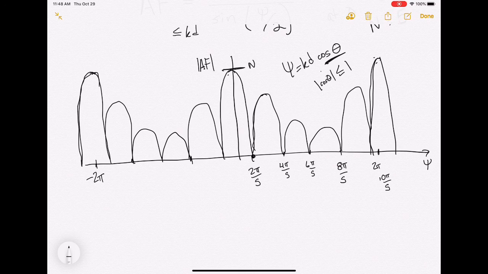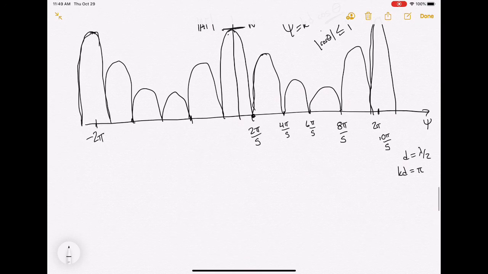For example, remember that K is 2 pi over lambda, so if we choose D equals lambda over 2, then KD is equal to pi. In that case, the values of psi that we can actually see here are just within this blue rectangle.